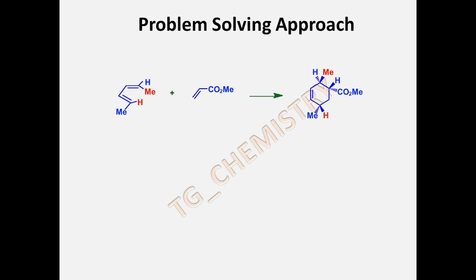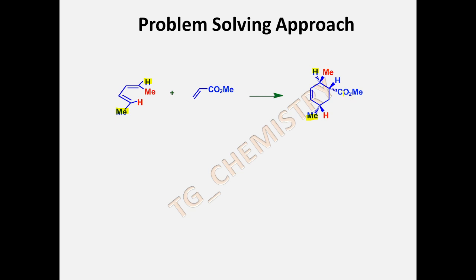The outside substituents will be below the plane in connectivity. So here you can find this methyl group below the plane, and this hydrogen atom below the plane over here. The other inside substituent should be above the plane, and that shows over here.